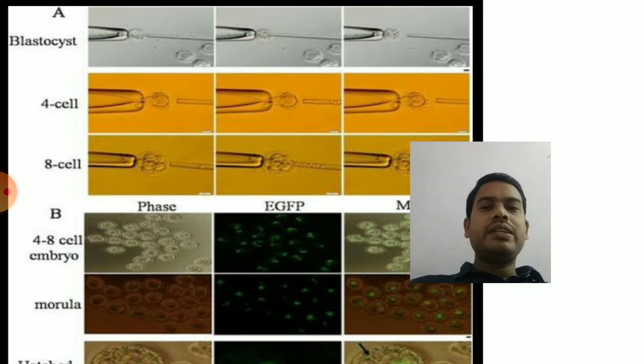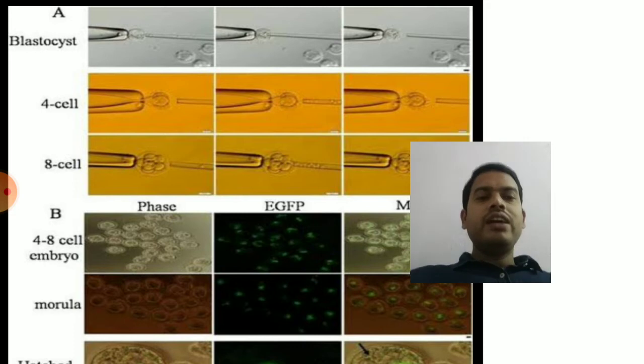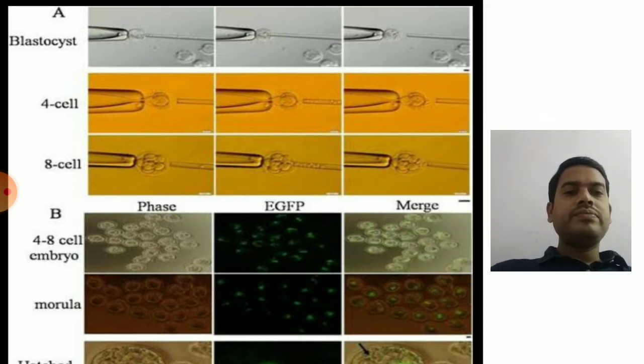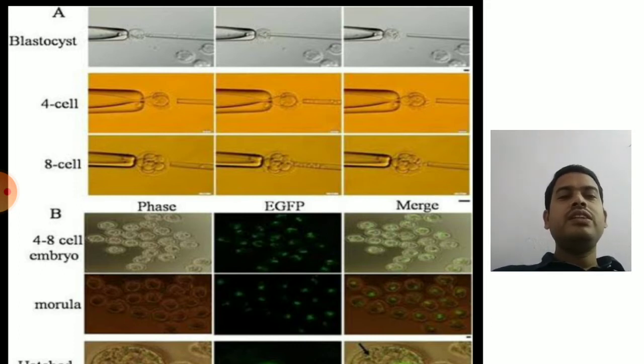So you can see the pipette suction holding the blastocyst, and with the help of a fine syringe needle, you can introduce your transgene into the blastocyst. So there are different cellular stage blastocysts like 4 cell, 8 cell stage. You can introduce at single cell stage, 4 cell stage, and 8 cell stage also. So just holding the stage of the blastocyst with the suction of the pipette and use of microsyringe needle for the introduction of your transgene.